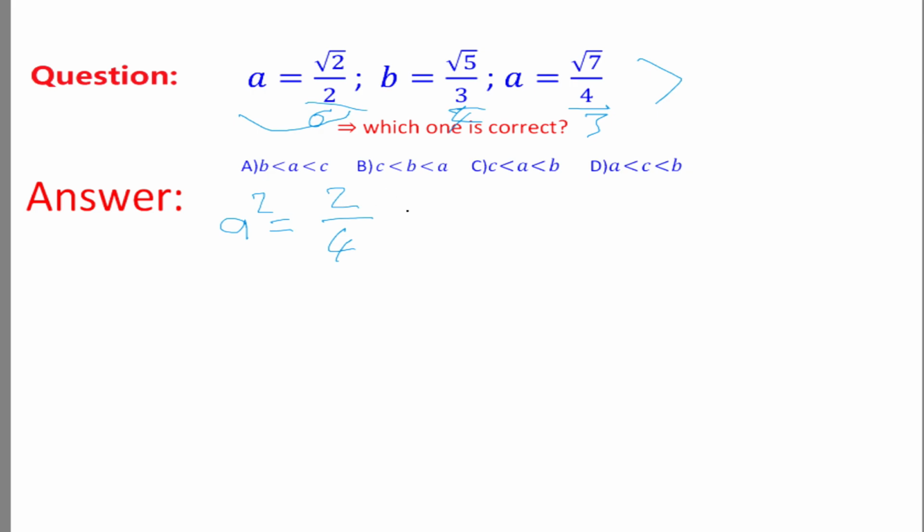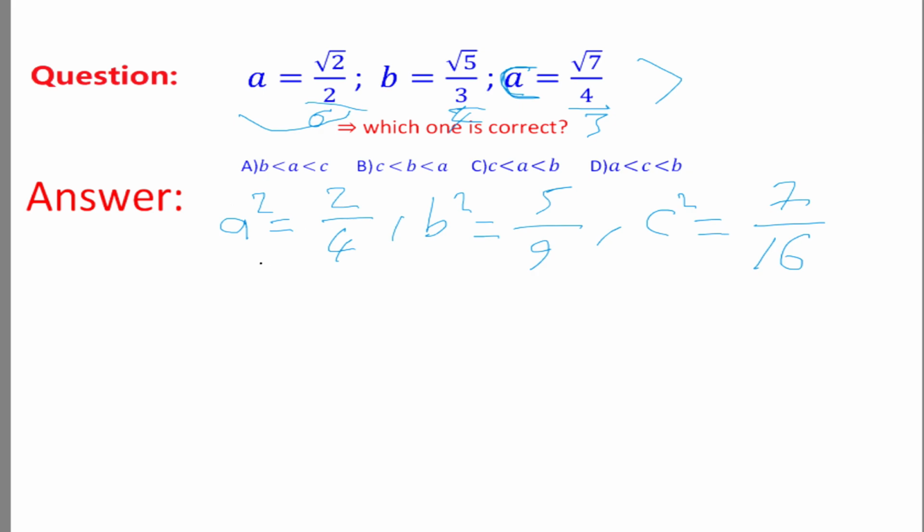And B square is going to be 5 divided by 9, and this is C, guys. It's not A, but C, okay. So C square is 7 divided by 16, guys.